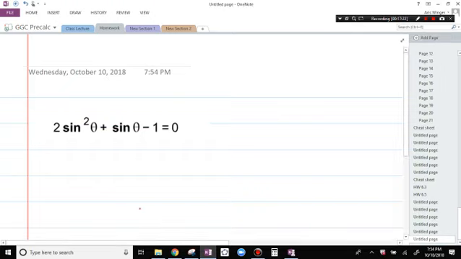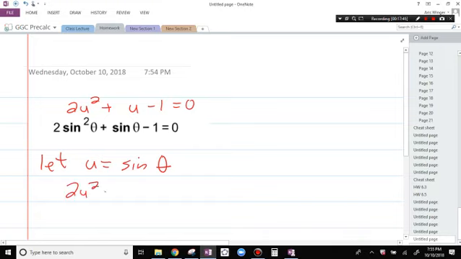So just think of this as 2u squared plus u minus 1 is equal to 0. And I often do this, right? So I'll let u equal the sine of theta so that we can see that this is a quadratic. And when we see it's a quadratic, we can go ahead and solve for u. But if we can solve for u, then we can get theta by itself as well.